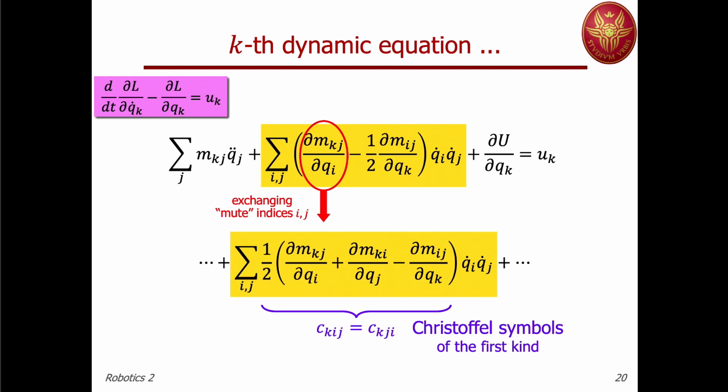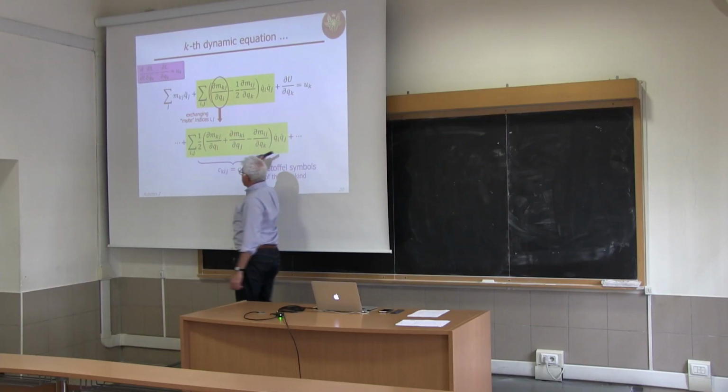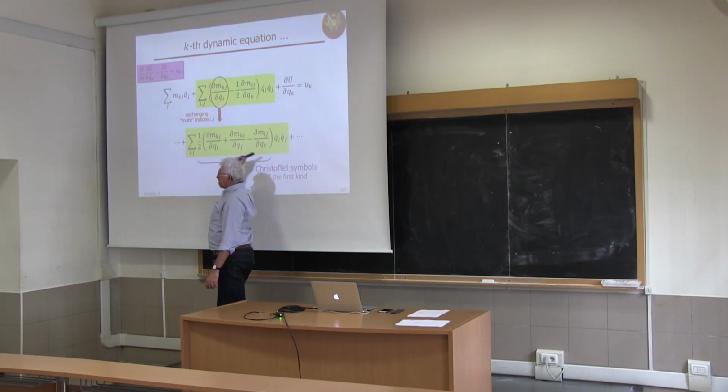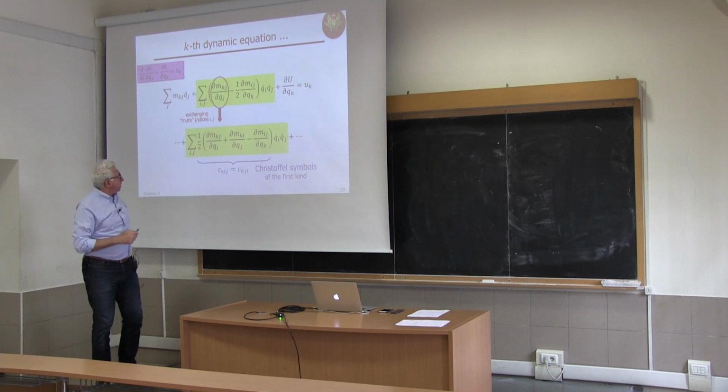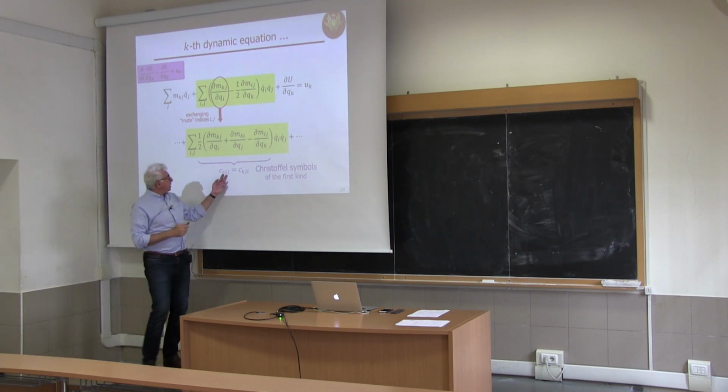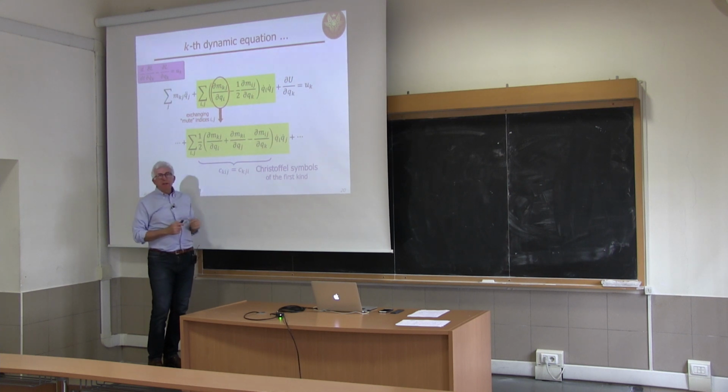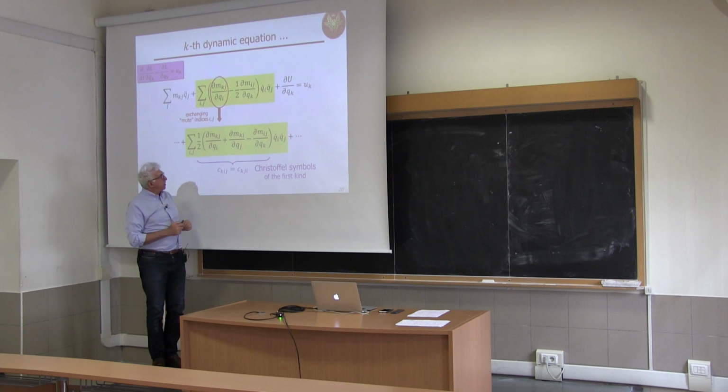And you see qi, qj, qk, and this is the kth equation, so k remains fixed, but all the i and j are summed over all indices from 1 to n. And because of this, when you exchange i and j, you find full symmetry, so you find the same terms.